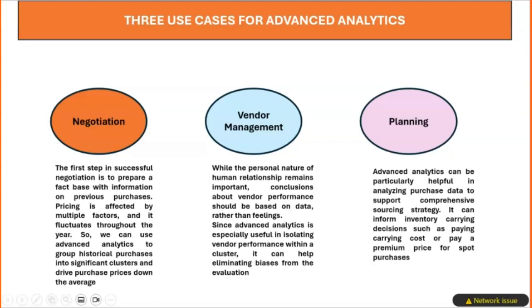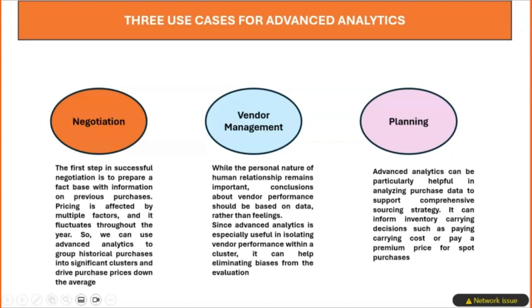Advanced data analysis can be particularly helpful in analyzing purchasing data to support a comprehensive sourcing strategy. Modeling can also inform inventory carrying decisions. For instance, a chemical manufacturer's data show that it pays a 10% premium on spot purchases whenever its safety stocks are depleted.